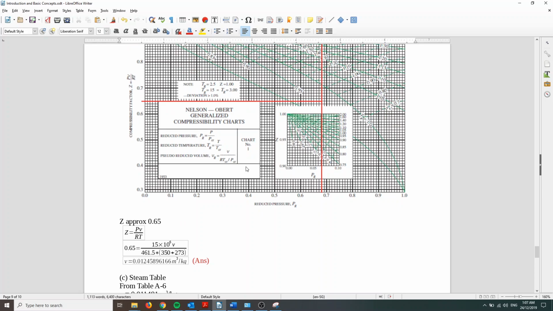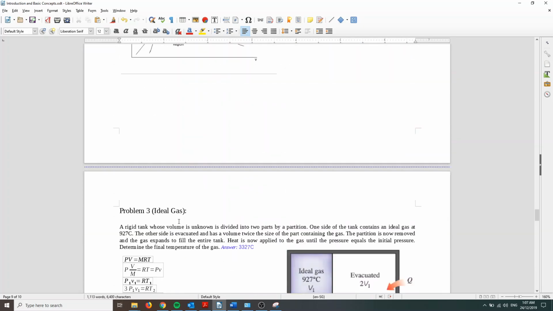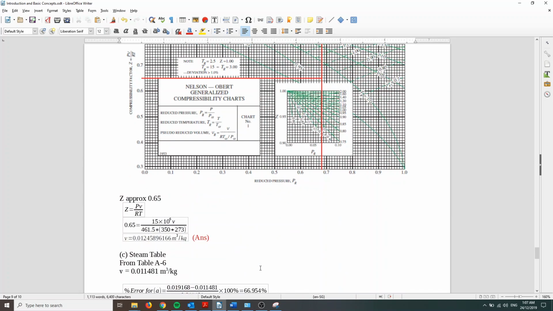I put that into the ideal gas equation to find the corrected specific volume, which is 0.01245896. From what I can see from my answer, I'm not that far off, so my approximation is pretty good.